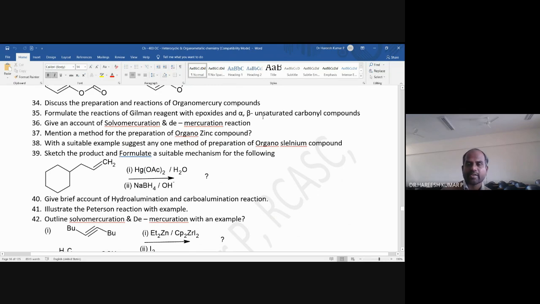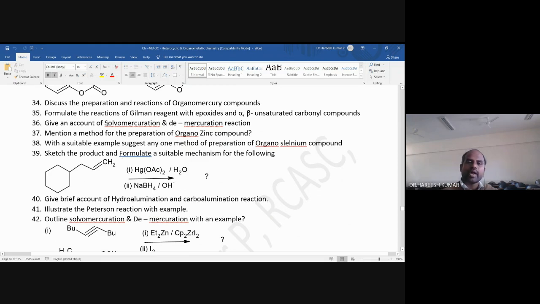That means it will add to the sp2 carbon atom, not the carbonyl carbon. And with respect to the epoxide, Gilman reagent, means dimethyl lithium cuprate, will add to the less hindered carbon. So that you have to mention.